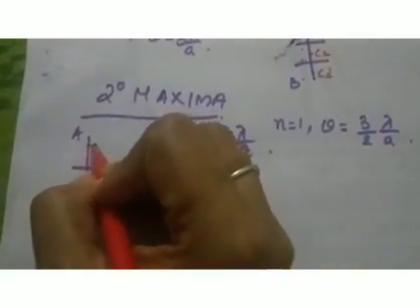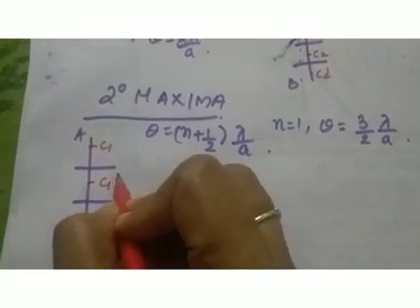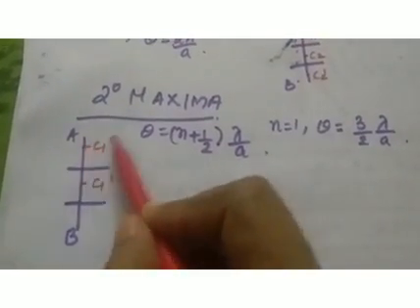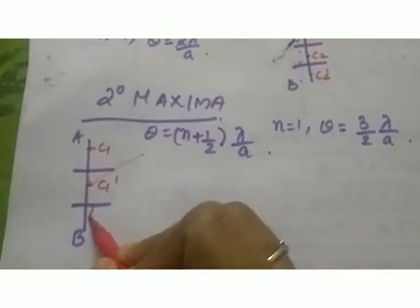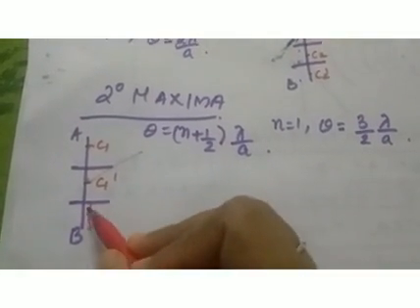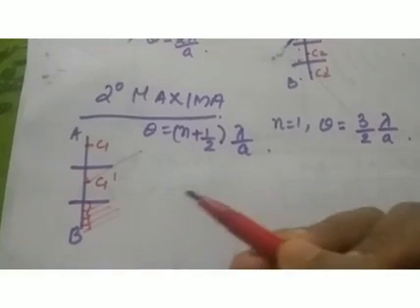So here what happens? If we consider a point C1 here, there will be a corresponding point C1 dash in the lower half of the slit. So the contributions from C1 and C1 dash will be out of phase and will be cancelled out. But at the same time, 1/3 of the slit is here, and here also so many points are there which give rise to waves, isn't it?